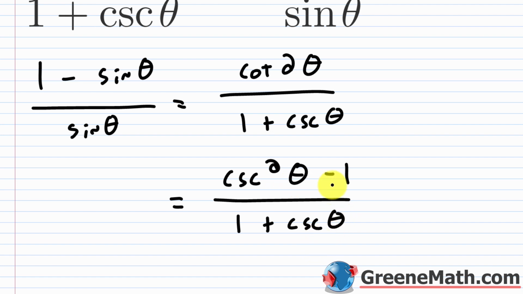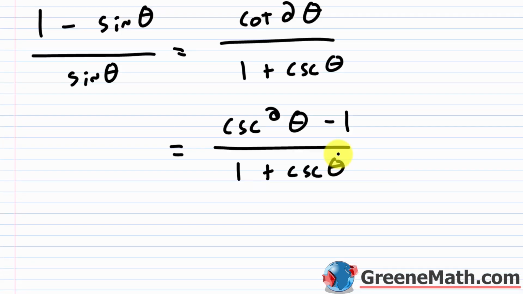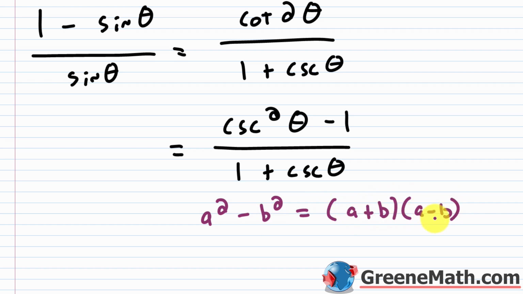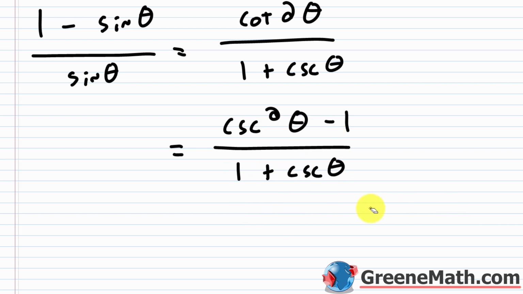So you might ask why I did that. And basically, what's going to end up happening here, if you think about this, you have a squared minus b squared. So remember this formula. This factors into a plus b times a minus b. So if you factor this, you're going to be able to cancel here. So let's go ahead and get rid of this.